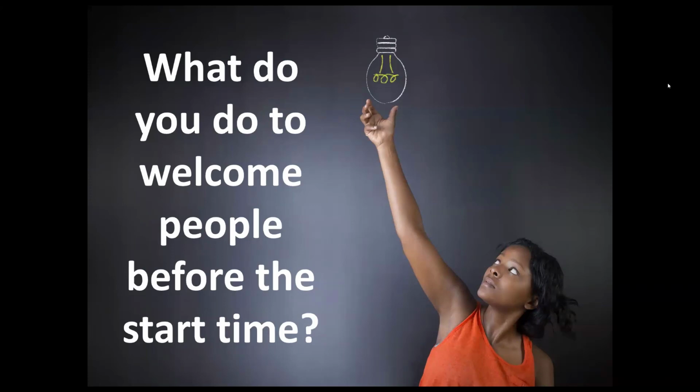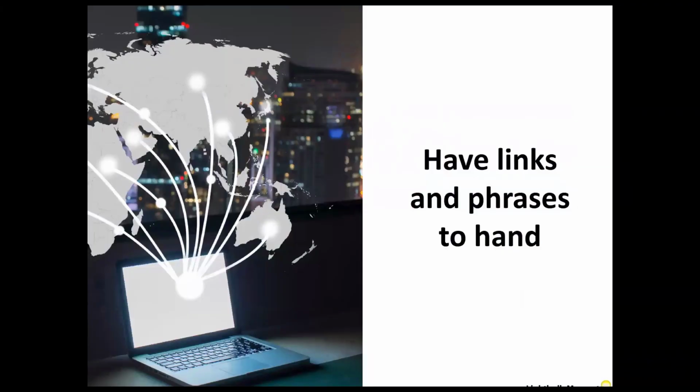One of the things that I like to do is have all sorts of links and phrases to hand, ready to go in another document. It allows me to copy and paste. So let me do an example here, changing to all participants so that everybody can see. Maybe I want to share that I'm on Twitter, or how to link in with me.